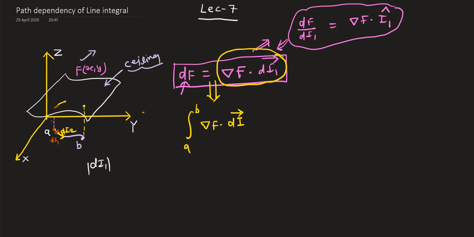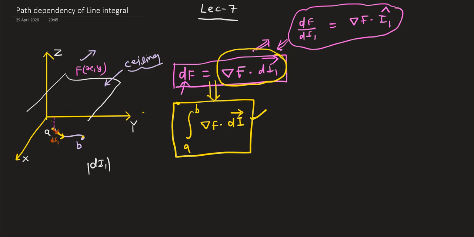In this way I can find the total change in the function value from point A to point B. This is one way you can find the change in the value of this function.